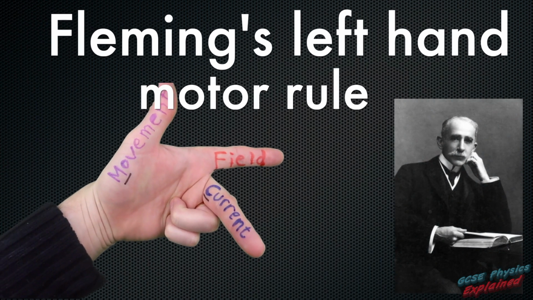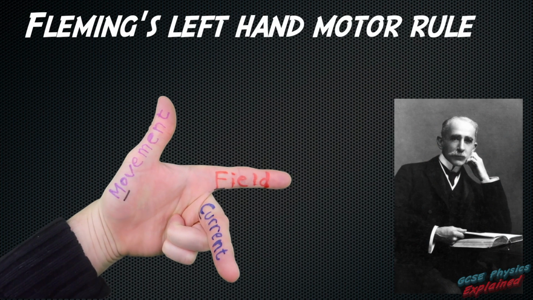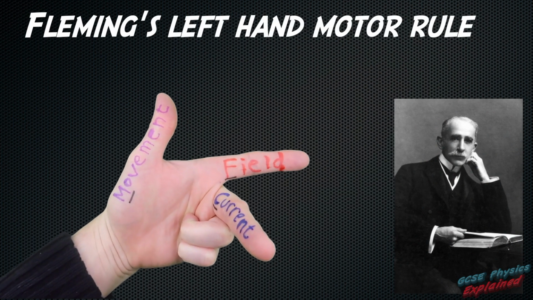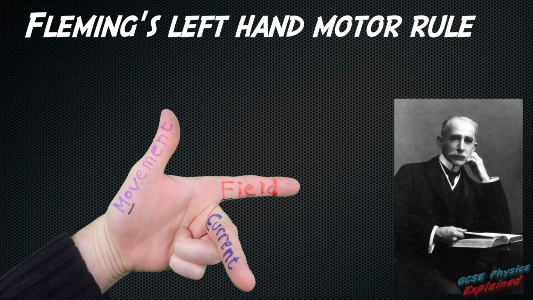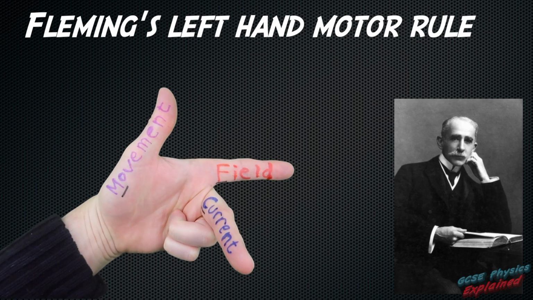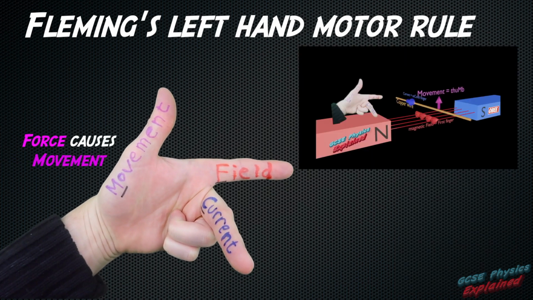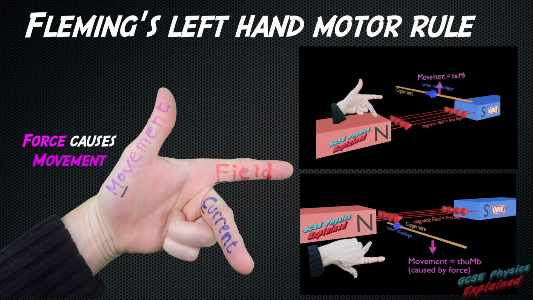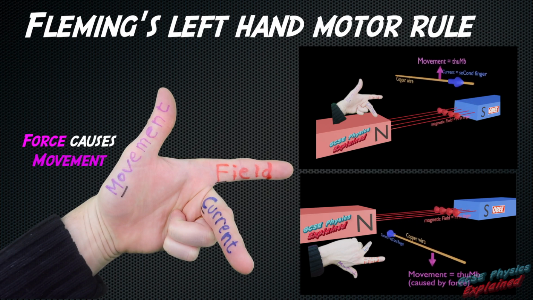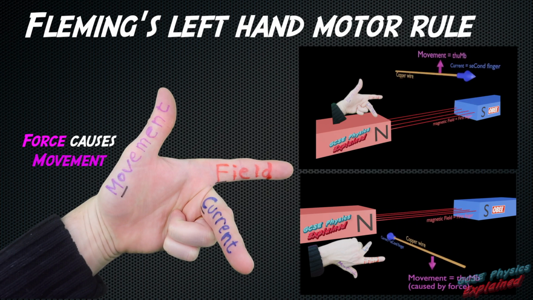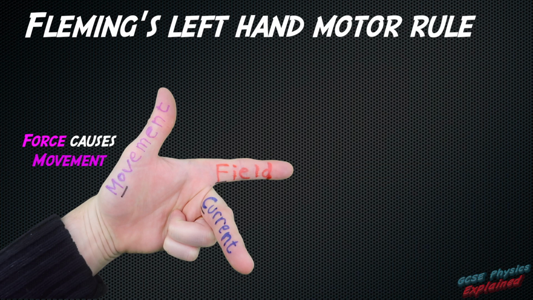Fleming's left-hand motor rule can be used to determine which direction the force will act on a conductor. In other words, whether the force will make the wire move up or down. Place your left hand like this, as shown, with your thumb and first two fingers all sticking out at 90 degrees to each other.